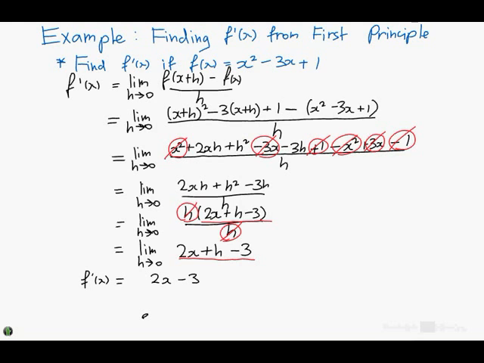So, for example, the gradient of f of x at x equals 5 is going to equal f dash of 5, equaling 2 times 5 minus 3, which equals 7. So yeah, this derivative function actually means something.